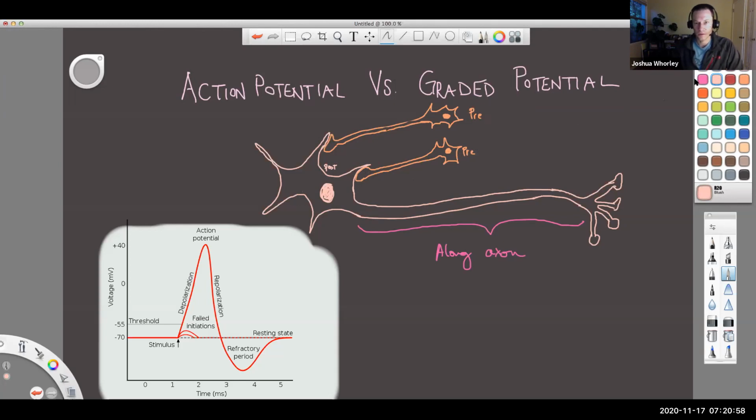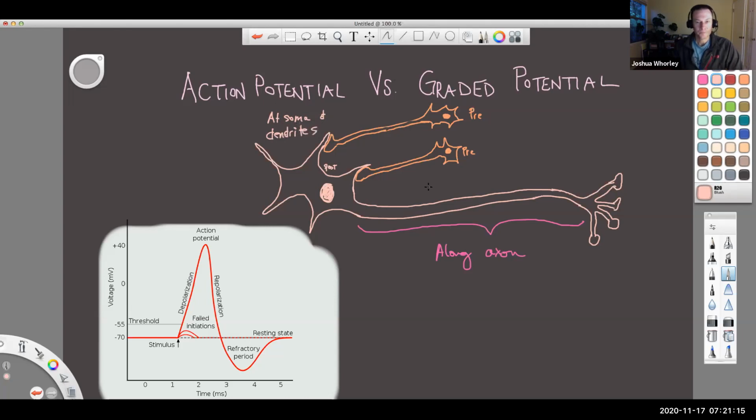Okay, so we could say graded potentials are occurring at the soma, the cell body, and dendrites.